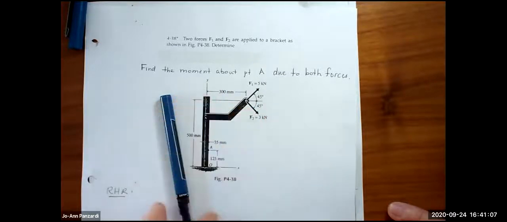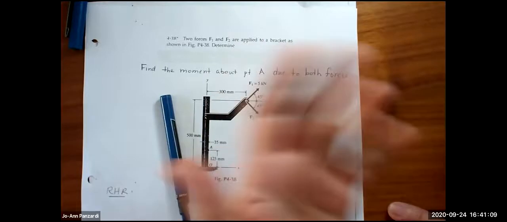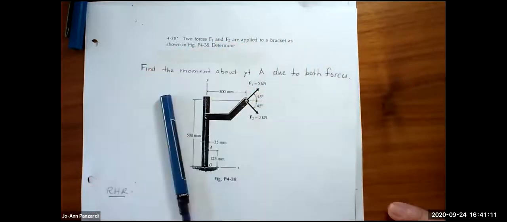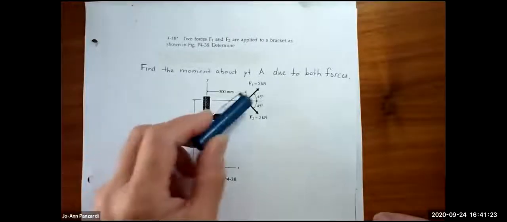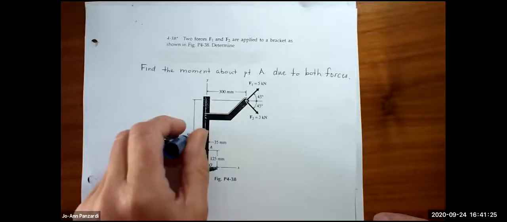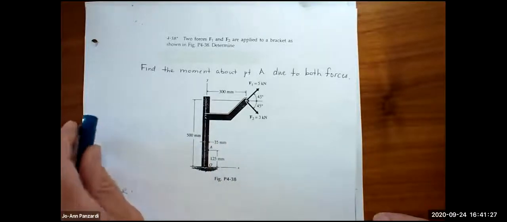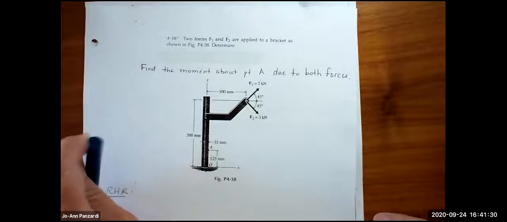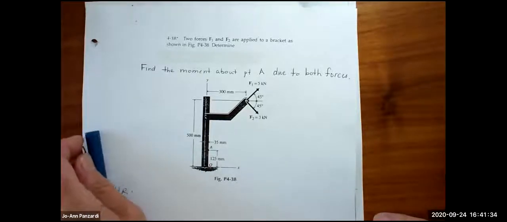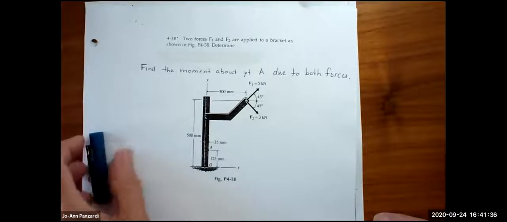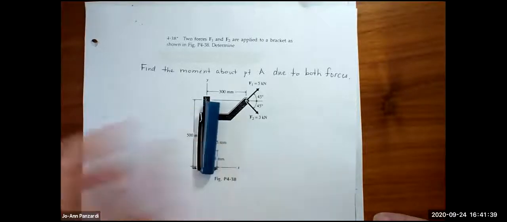Now we're going into moments. We're solving for a moment. When we solve for a moment, is this thing moving? No, it's not moving. But on Tuesday, when we solved for moments, we did get values of moments, which means what kind of motion?